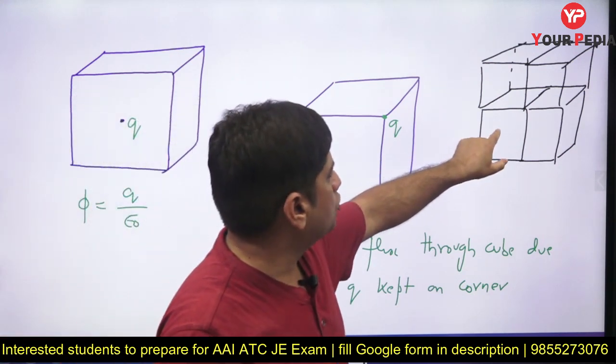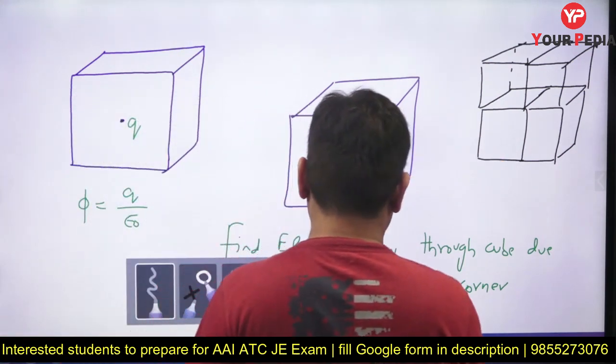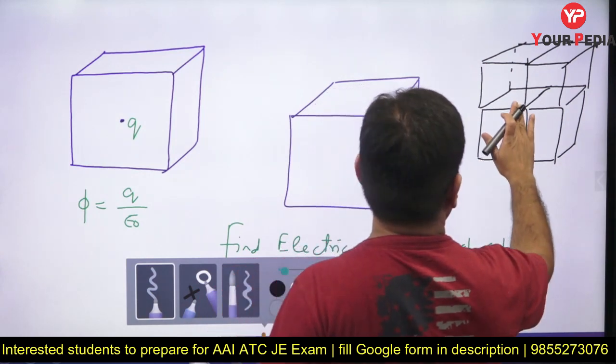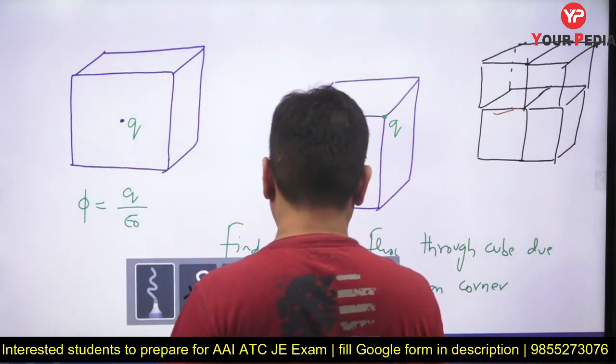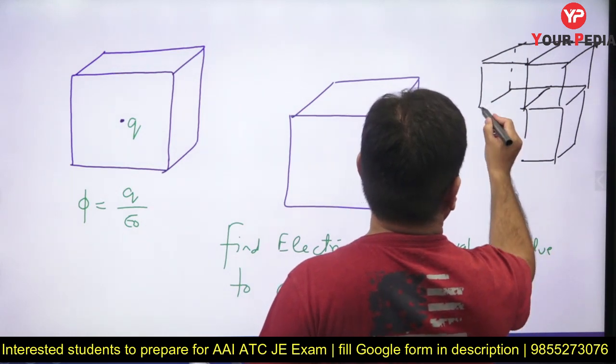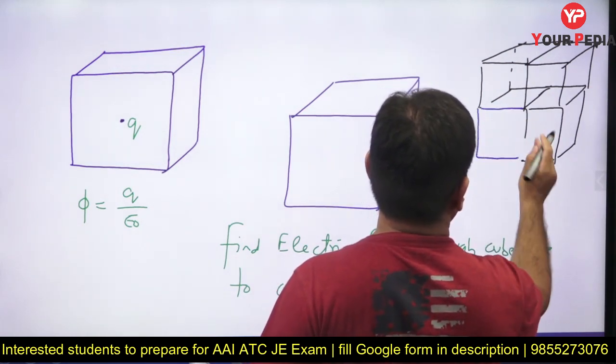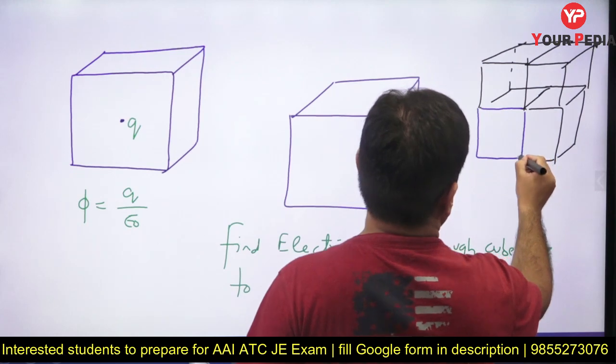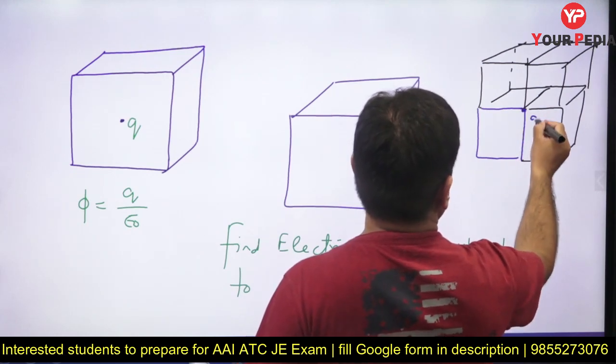Now one cube is given to us. Let me make it with some another color so that we don't get confused. With the blue color itself I make. This one is given to us. This one is given to us. Okay, and charge is here.